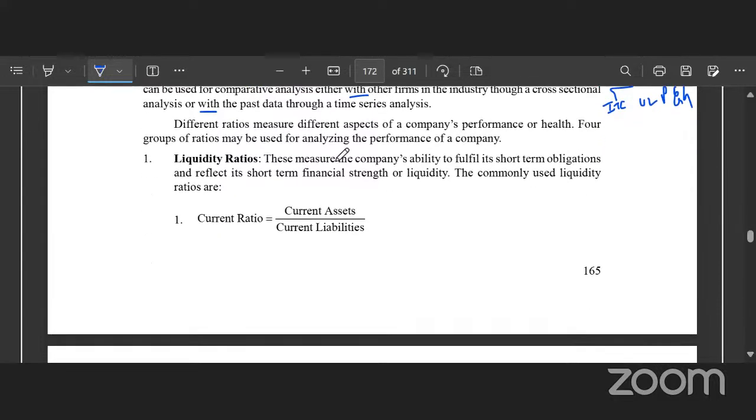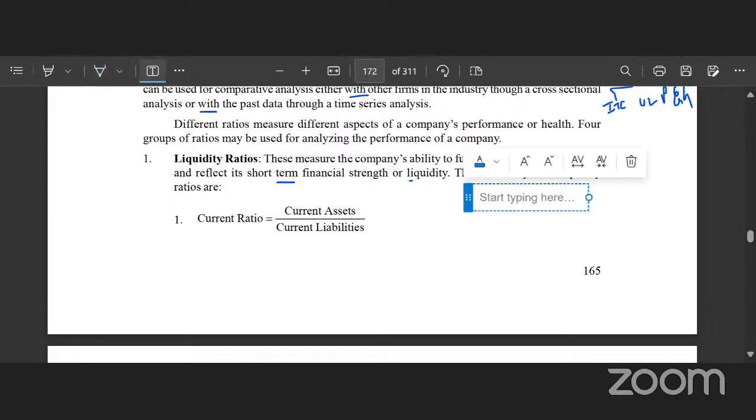There are various ratios, and the first classification is into liquidity ratios, activity ratios, profitability ratios, valuation ratios, like this. The first classification is the liquidity ratios. The liquidity ratios measure the company's ability to fulfill short-term obligations and reflect its short-term financial strength or liquidity. Any firm generally has long-term assets and short-term assets.